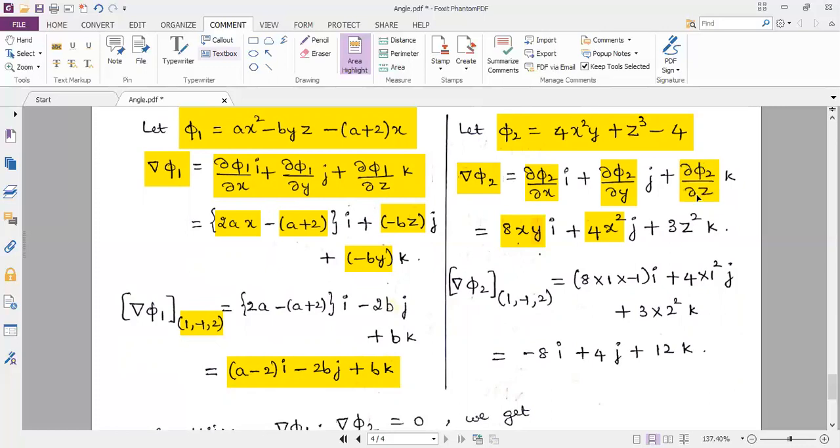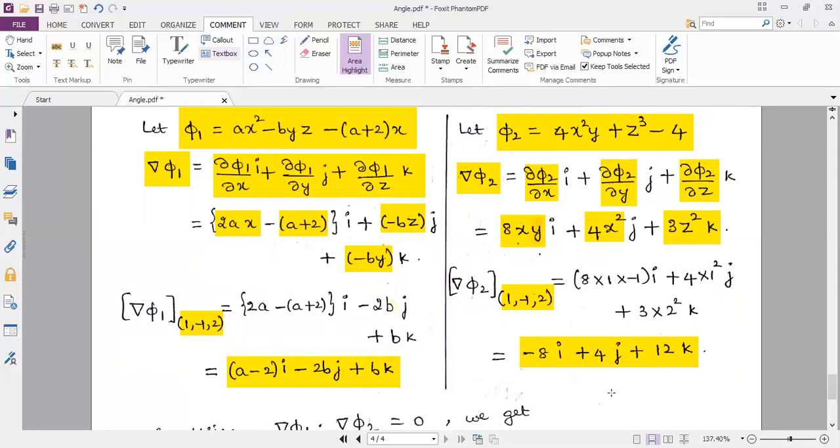Differentiation partially with respect to z: 4x²y − 4 is a constant, so differentiation is 0. Differentiation of z³ is 3z², into k cap. Now finding grad φ2 at the given point (1, −1, 2), taking x = 1, y = −1, z = 2, in the above expression for grad φ2 we obtain −8i + 4j + 12k.